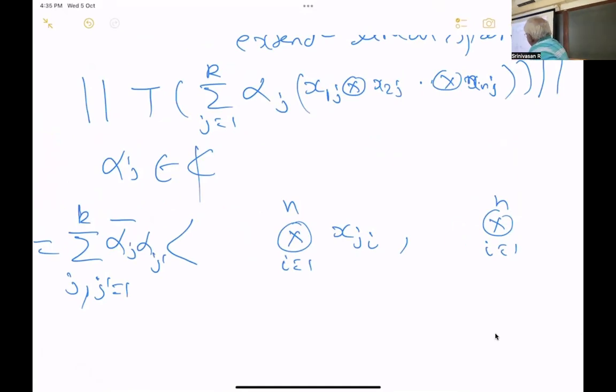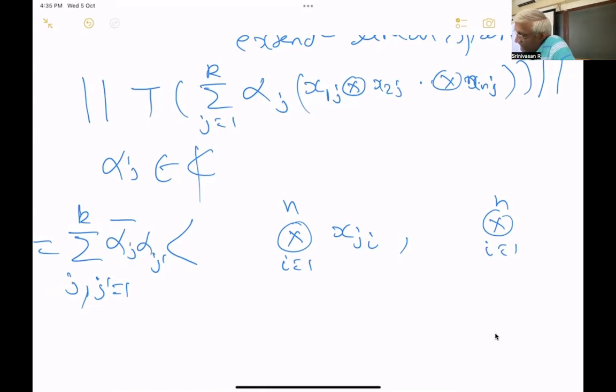Okay, that's right. So now we have T here, right? Now we have... Correct. Now I want to use the previous one. So I want to write it in the right form.